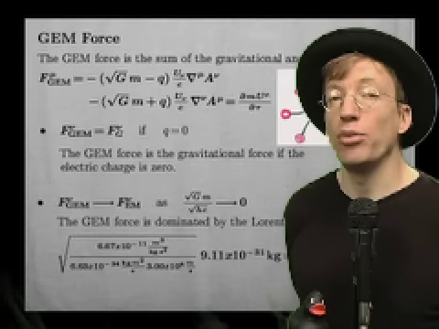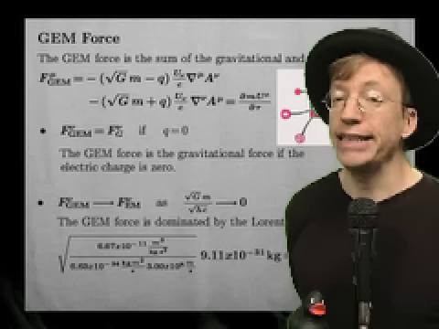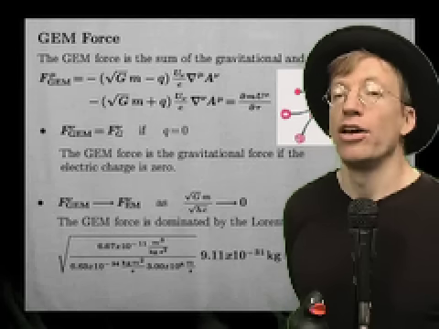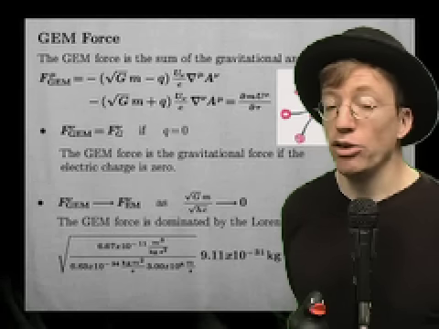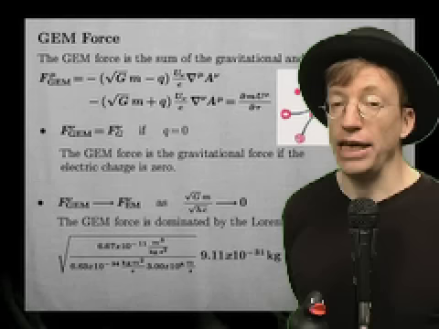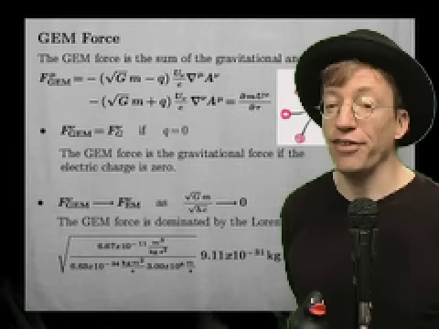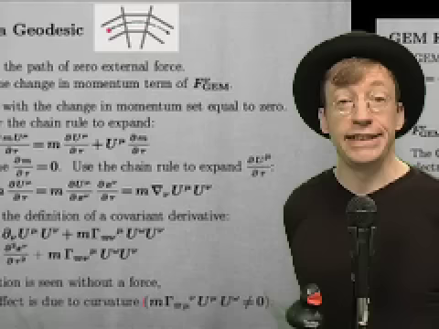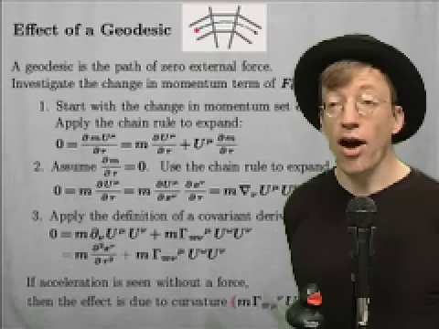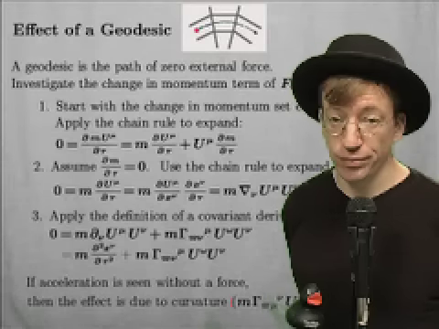So we simply have to imagine what it's like if the mass charge is very, very tiny compared to the electric charge, in which case you get back the Lorentz force of EM. And if you kind of do some number calculations, you'll find out that in fact that is very much the case. We turn to geodesics, which are the easiest paths in space-time to follow.